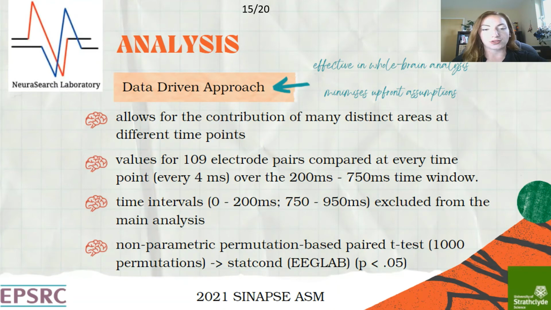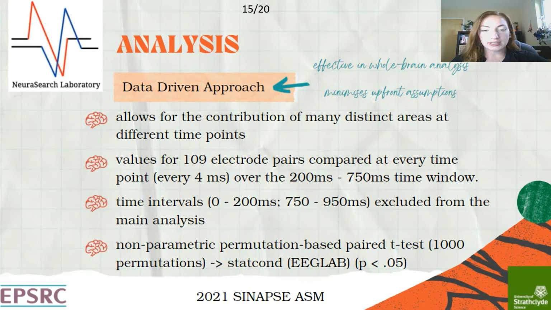We took the values for 109 electrode pairs and compared knowledgeable versus not knowledgeable conditions at every time point, so every 4 milliseconds, over the 200 to 750 millisecond time window. Time intervals from 0 to 200 milliseconds and from 750 to 950 milliseconds were excluded from the main analysis.